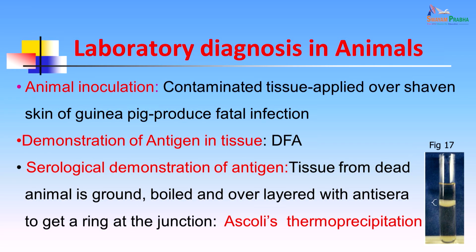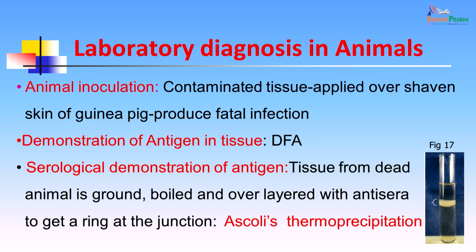By taking contaminated tissue from the dead animal and applying it over the shaven skin of a guinea pig. The guinea pig will die, and this fatal infection indicates that the animal's death was caused by anthrax, because such rapid transmission through the shaven skin of a guinea pig occurs only with organisms like anthrax. Then the dead tissue of the animal can be fixed on a smear and stained by the direct fluorescent antibody test.